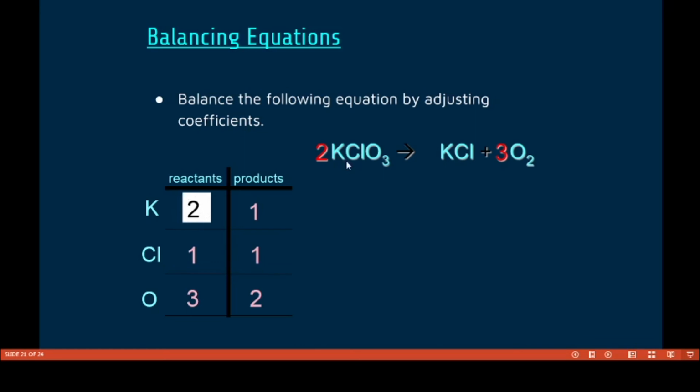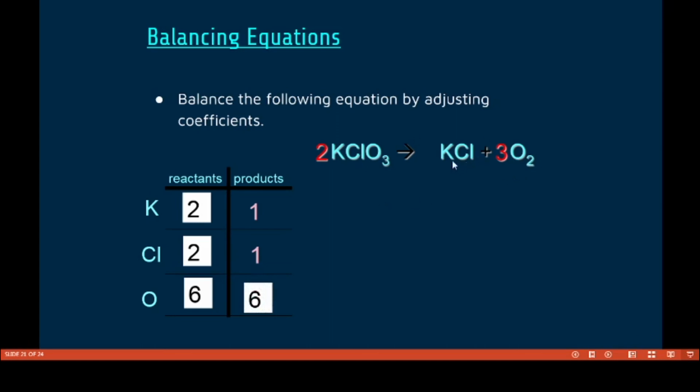See the left hand side: 2 potassium, 2 chlorine, 3 2s are 6 oxygen. On this side 6 oxygen, 3 2s are 6.